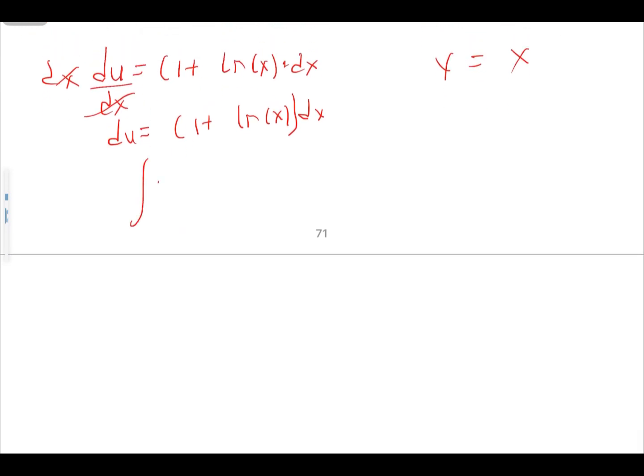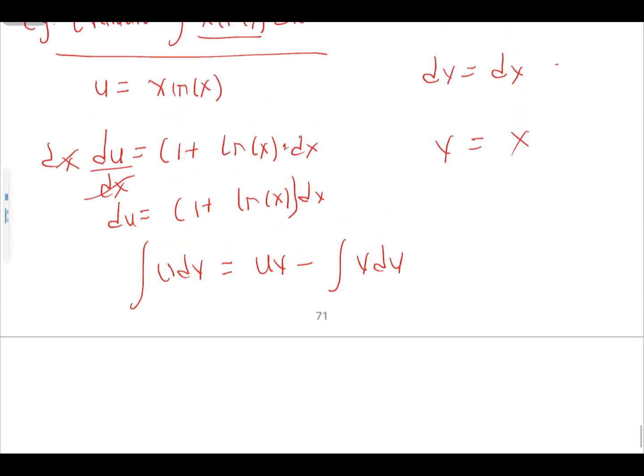And substituting into the formula, which is integral of u dv equal to uv minus integral of v du, we have everything that we need.